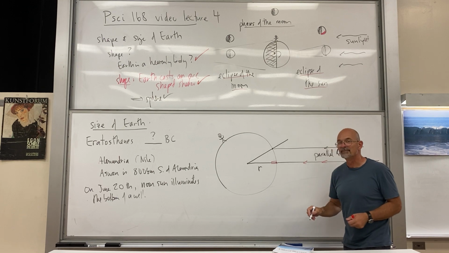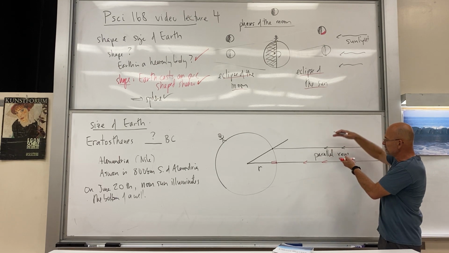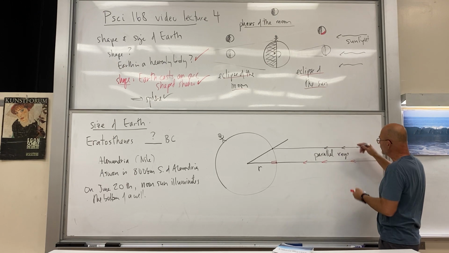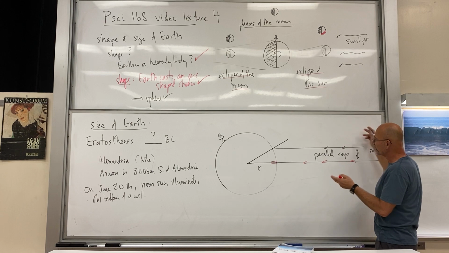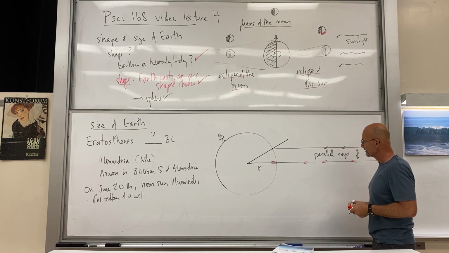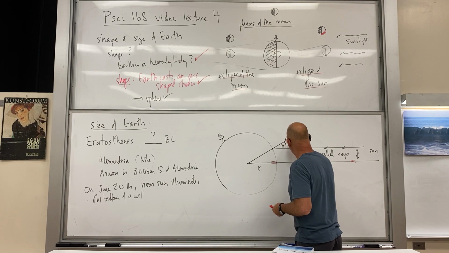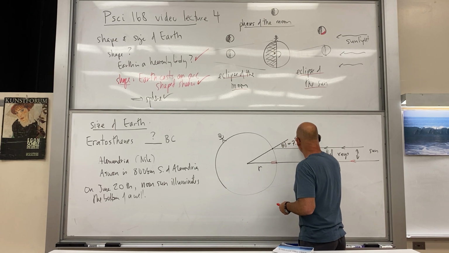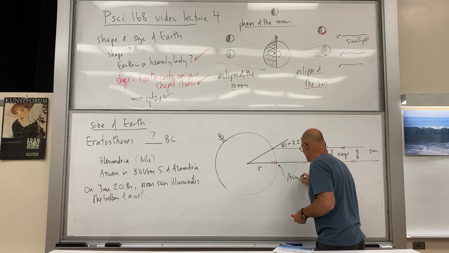That's an approximation to reality. They're not strictly parallel, but for the geometry problem, he assumed parallel rays coming in from the sun. And he measures an angle here, 7.2 degrees. So this here is Aswan.